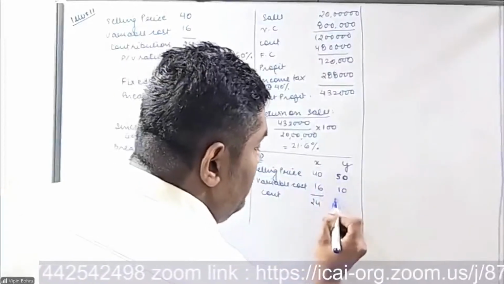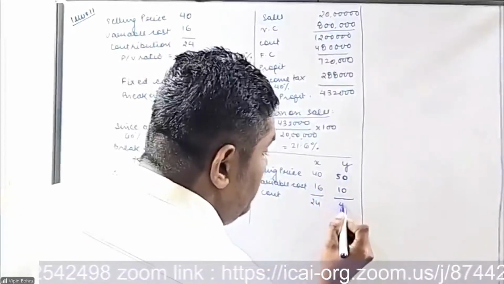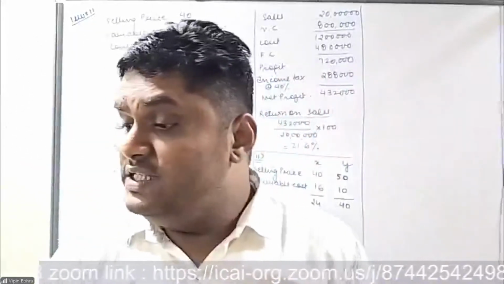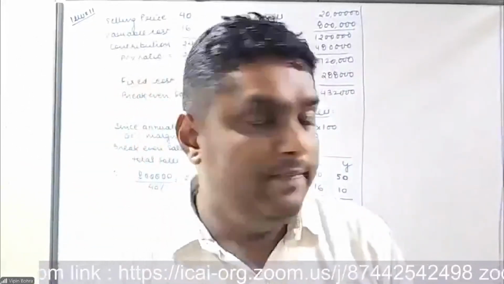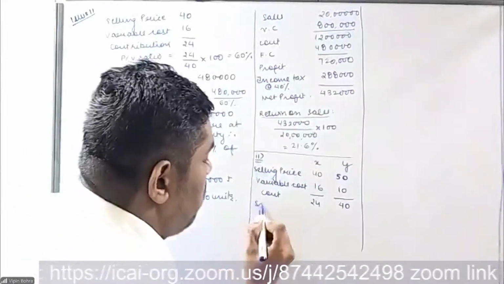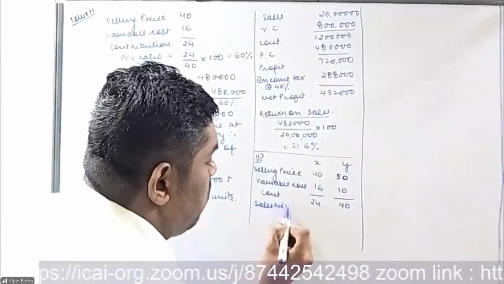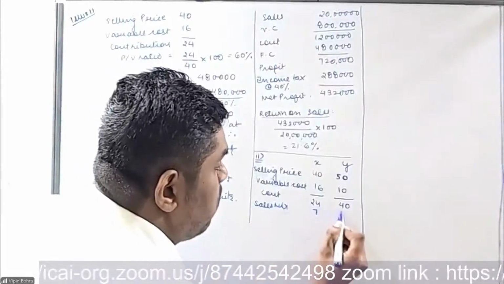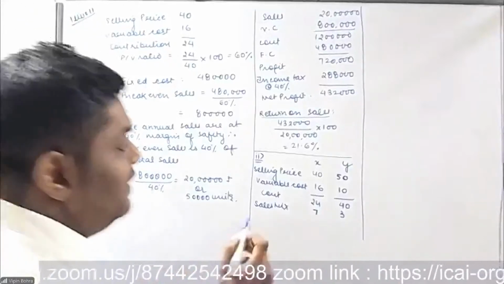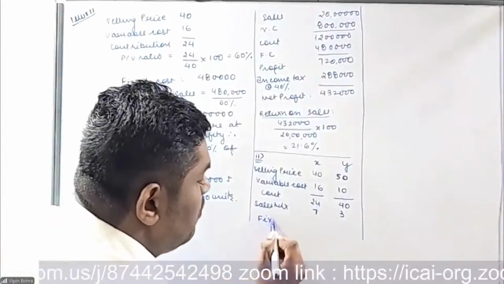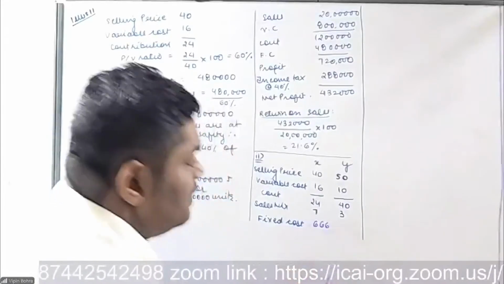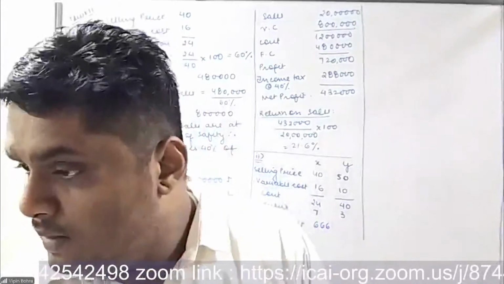Variable cost will be 10 and contribution will be 40. Further, the sales mix is given, that is 7:3. Further, the fixed cost is also given, 6,66,600.